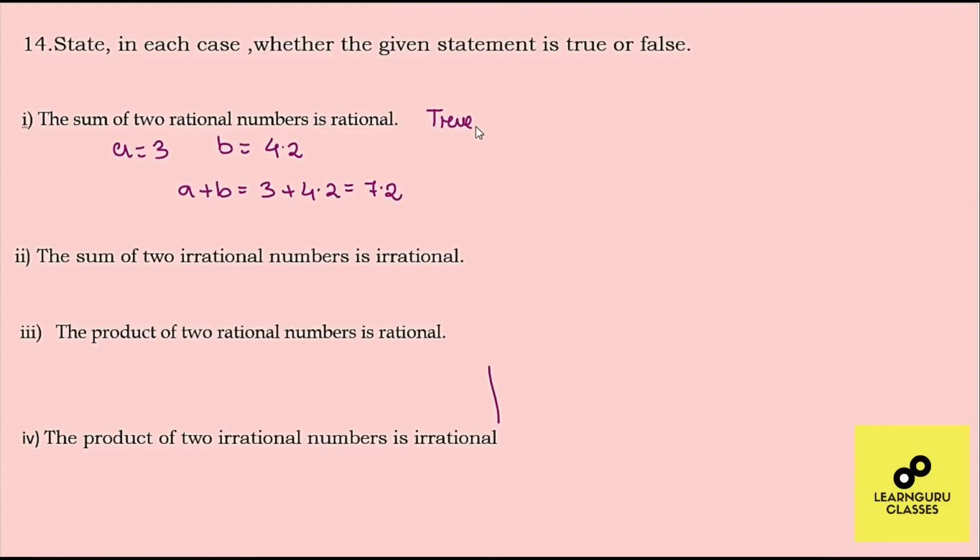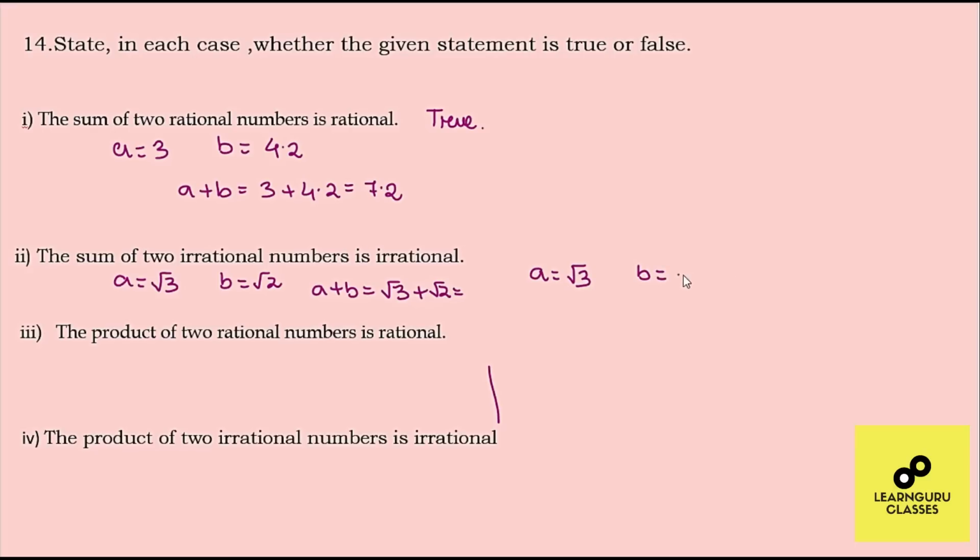The statement is true. The sum of two irrational numbers is irrational. No, not always. Because suppose I give A equal to root over 3, B equal to root over 2. So A plus B equal to root over 3 plus root over 2 will give you an irrational number. But if I take A equal to root over 3 and B equal to minus root over 3.